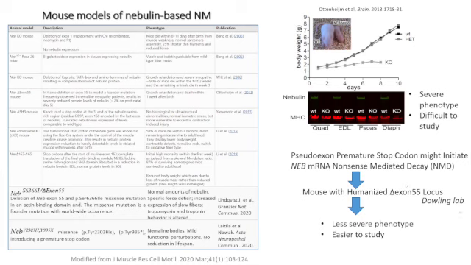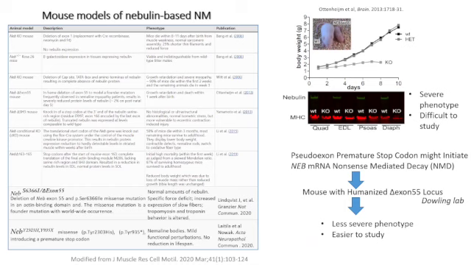And in response, Hernan and Jim have made a humanized version of the exon 55 locus. And deleting exon 55 in this humanized model results in a less severe phenotype and an easier to study mouse model that most likely will represent the human patients much better than the original exon 55 deletion model.